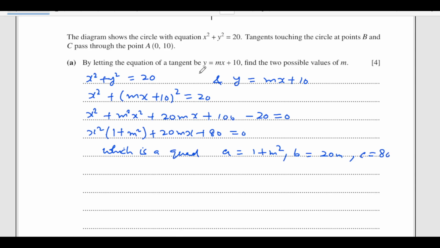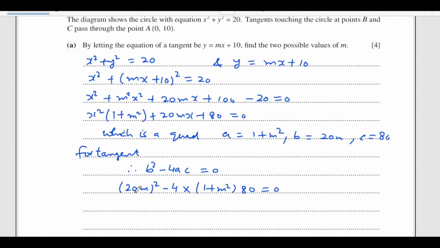By letting this be the tangent, for the equation to be tangent, we should have b squared minus 4ac equals 0, right? So b is 20m squared minus 4, a is 1 plus m squared, into c is 80, equals 0. Now we will just solve this for m.